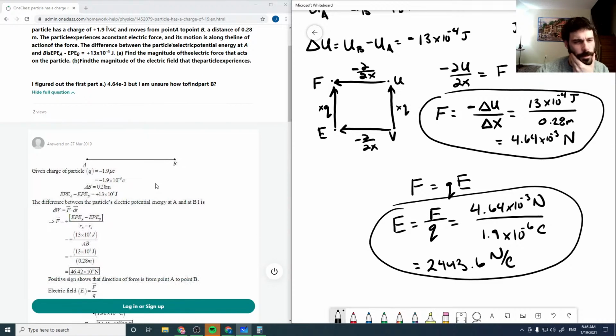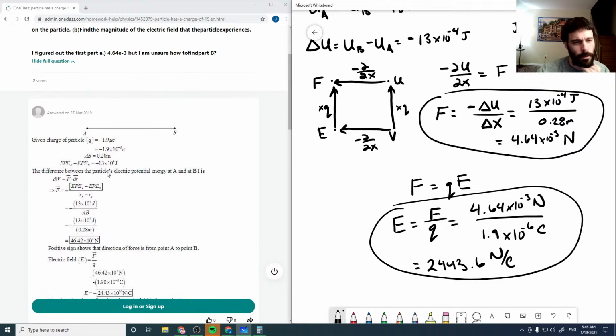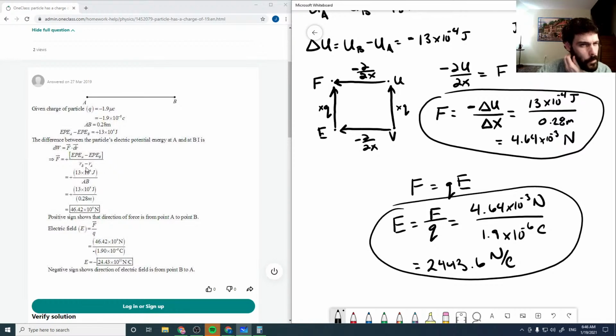Now if we check through the solution here, our charge starting out negative isn't so great. dW is F dot dr, so we're getting the same force, which is good, but their delta U is also opposite.